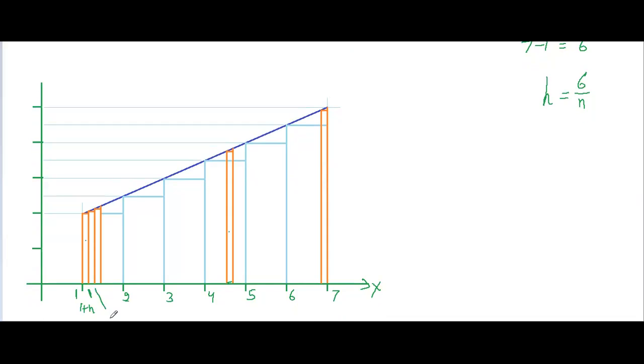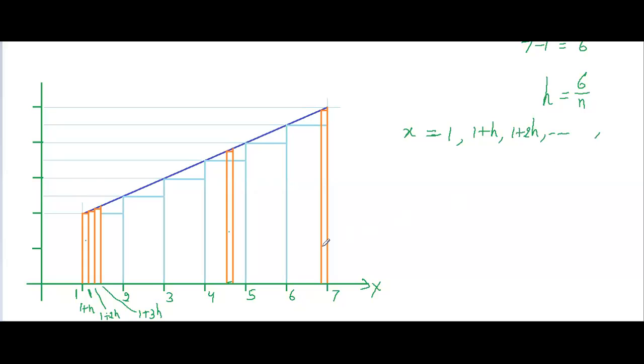Then this number is 1 plus 2h, and so on. Like this number is 1 plus 3h. We have these numbers which we can call the variable x. The values of variable x are like 1, 1 plus h, 1 plus 2h, and so on.